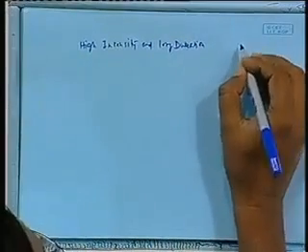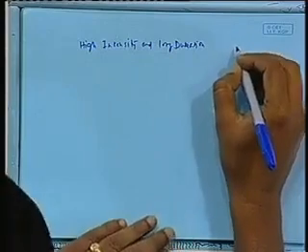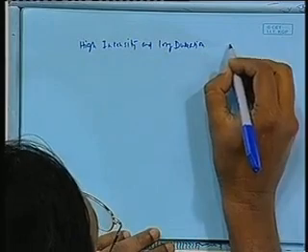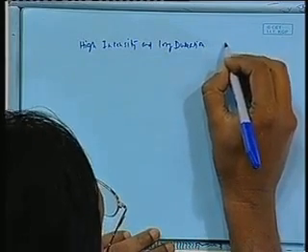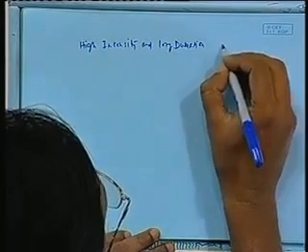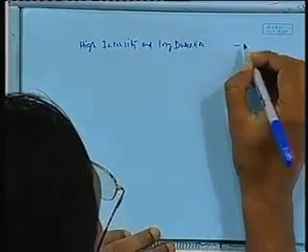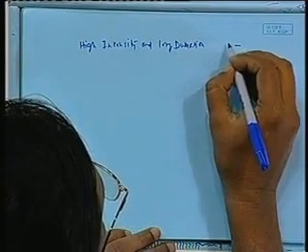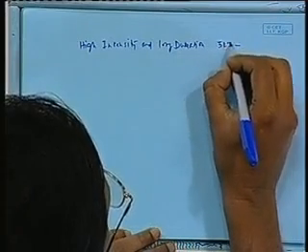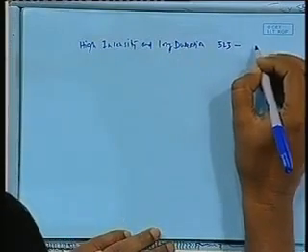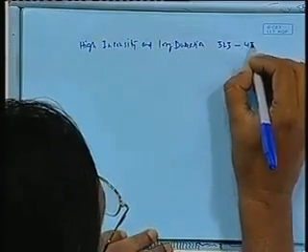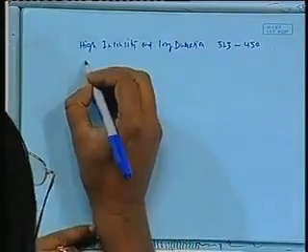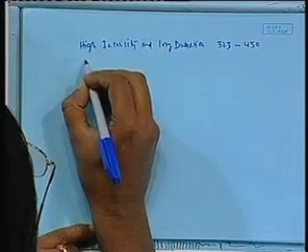We find the values would be between 525 to about 450, right?